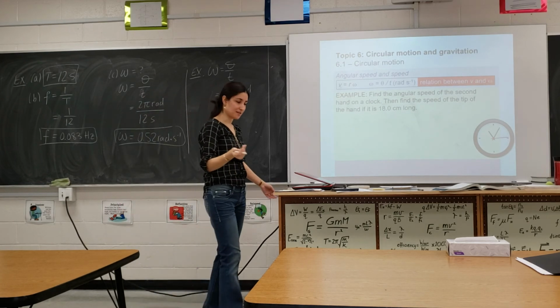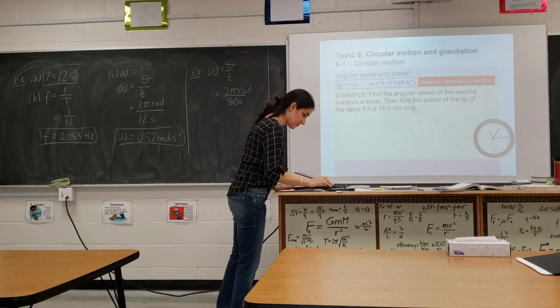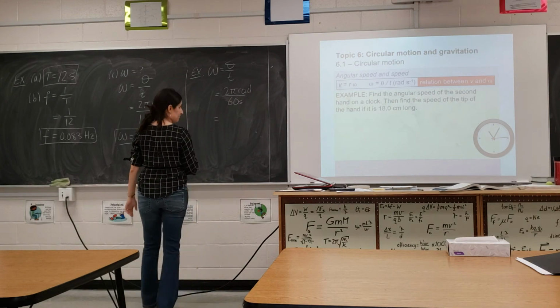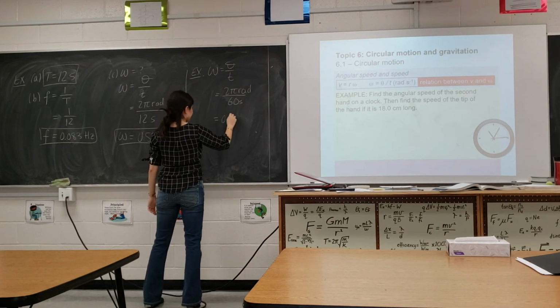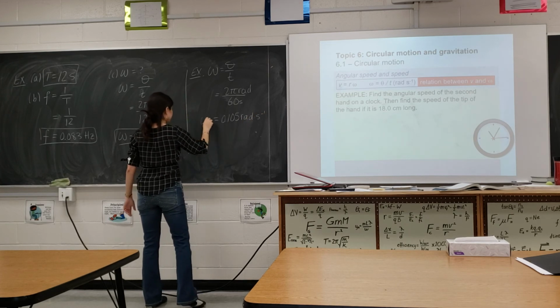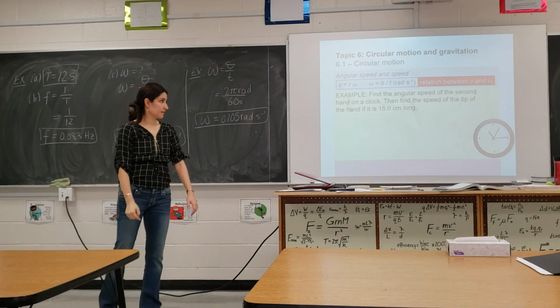So pi over 30 radians per second. Let's see what that comes out to be. 2 pi divided by 60, 0.105 radians per second. Hopefully that's okay.